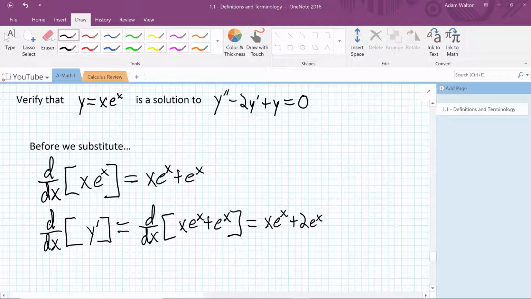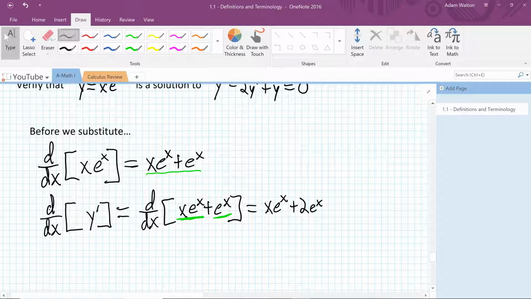Because we're just doing a product rule again here. The differentiation of this term is just going to give us the same as this term, and then we just have to add the derivative of e to the x, which is just e to the x, so that's where this 2e to the x comes from.